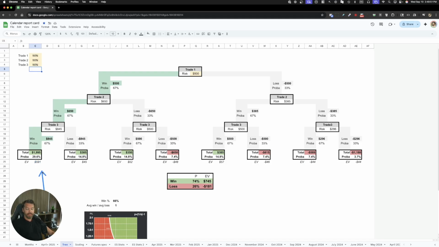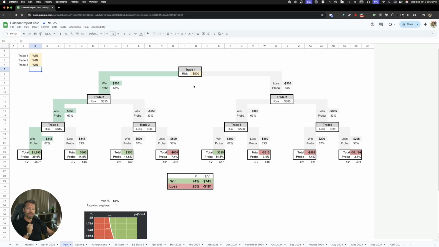Now, and this is a trick to scale your trading. Let's say you start with a risk per trade of $500. The trick is to increase your risk every time you win a trade and decrease the risk every time you lose a trade. By how much? 30%. That's the magic number.